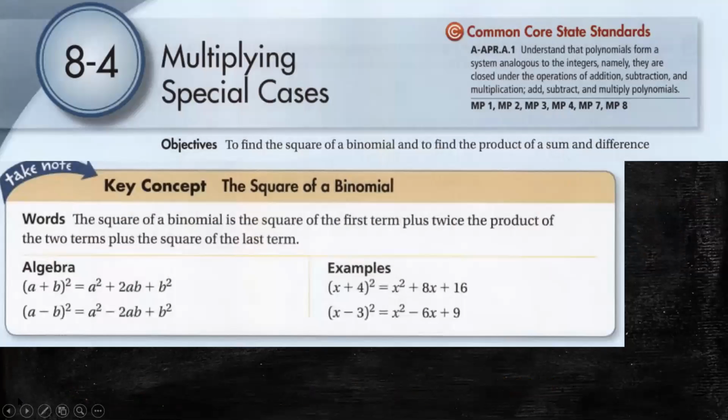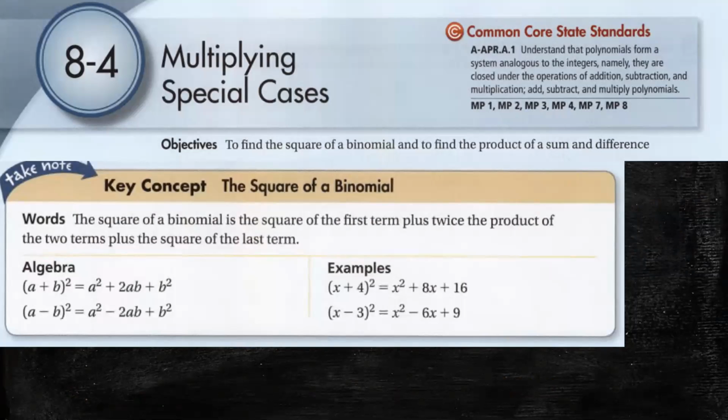Yesterday we started with multiplying special cases, and we learned how we can find the square of a binomial. How can we multiply them? We said that we have a rule.